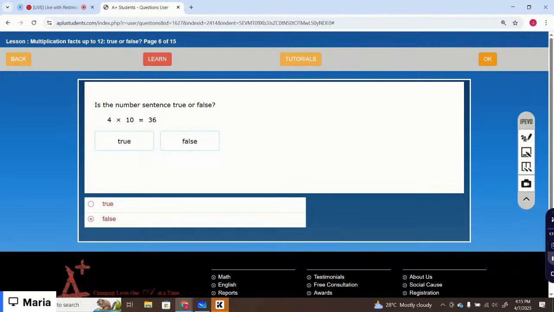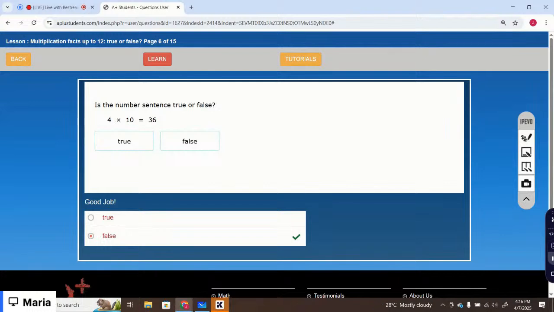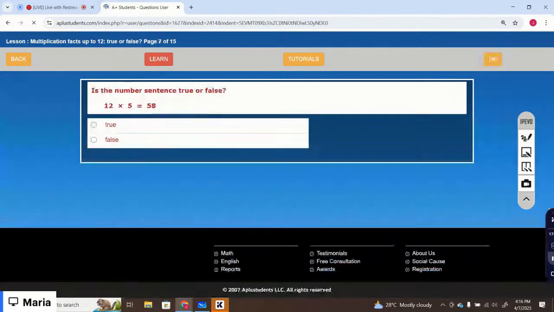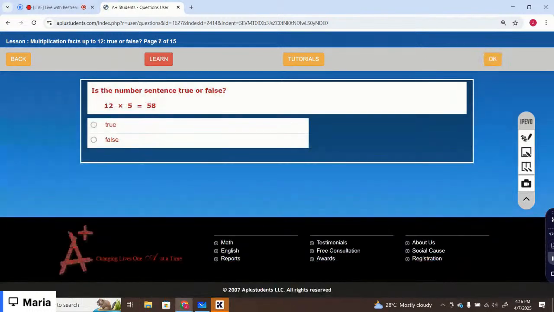Option number 2 is the correct option. Is the number sentence true or false?